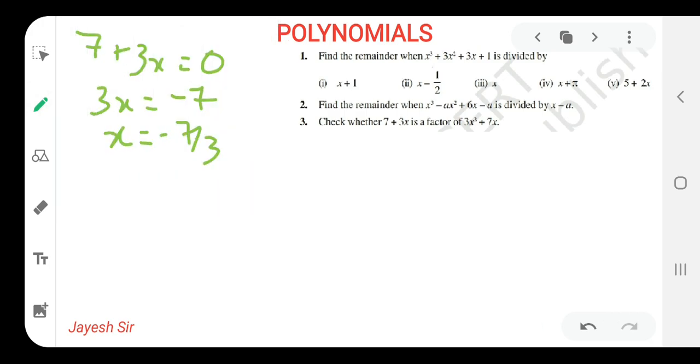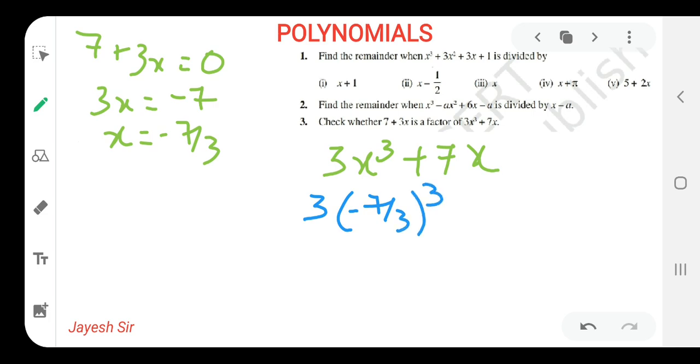Now we'll solve this, 3x cube plus 7x. Now we have to put the value of x as minus 7 by 3. So 3 as it is, the value of x is minus 7 by 3 cube, plus 7 as it is, minus 7 by 3 as the value of x.